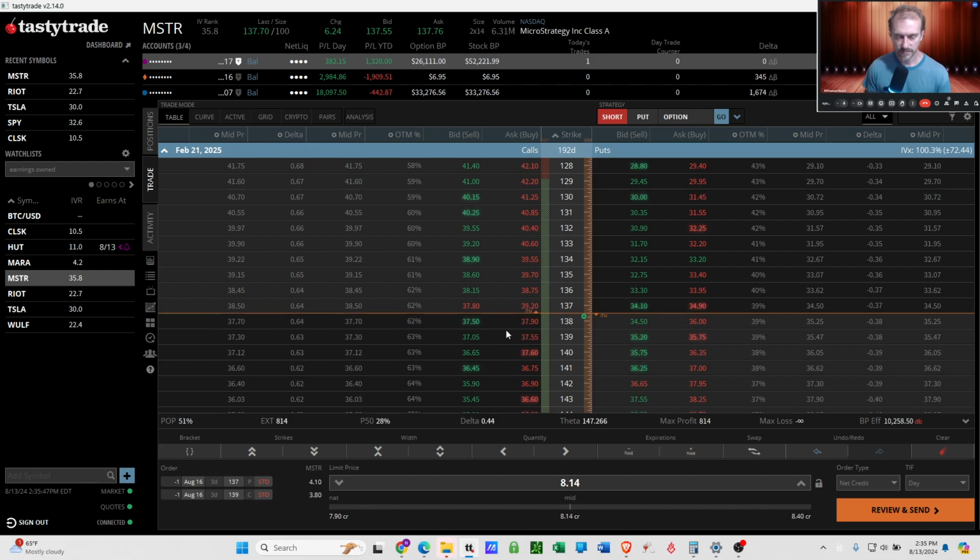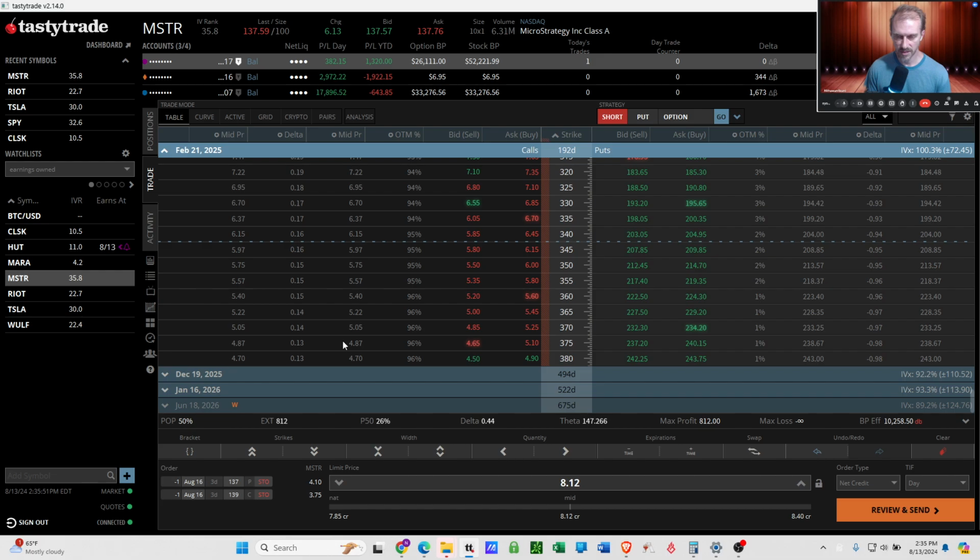So generally when I want to buy long calls, I want to buy as much delta as I possibly can for the same dollar amount. And that is generally all the way up at the top of the chain. But one of these bad boys is only going to cover me for 0.13 delta. That is not even close to being enough.